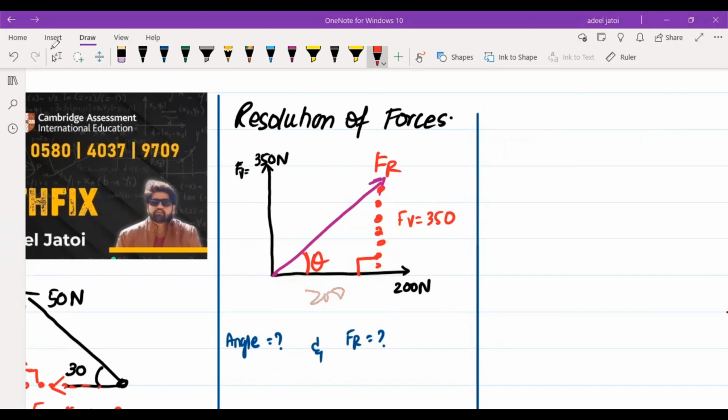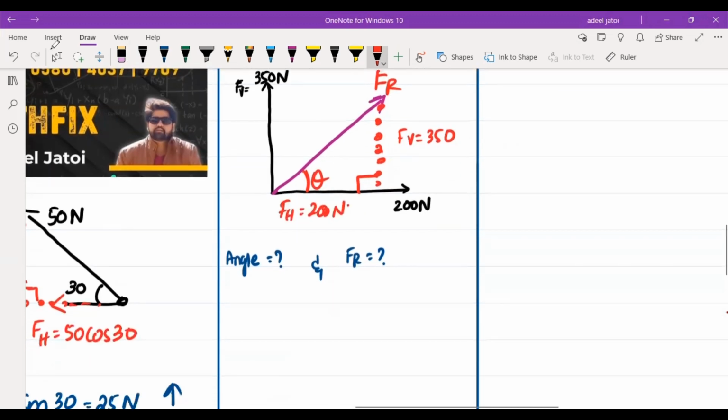So moving that particular point, what we can understand is that force V is 350 and force H is 200 Newton, right? And since I need to take out the angle, let's say that force H is 200 Newton. Force V is 350 Newton.